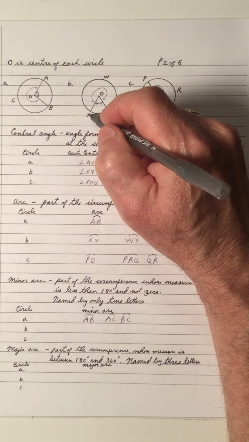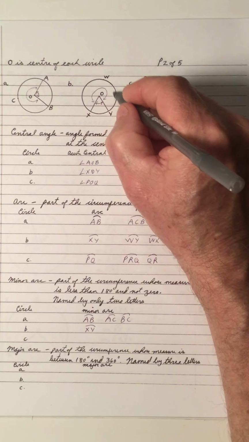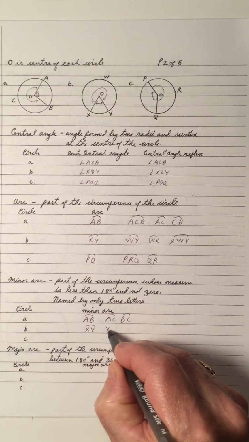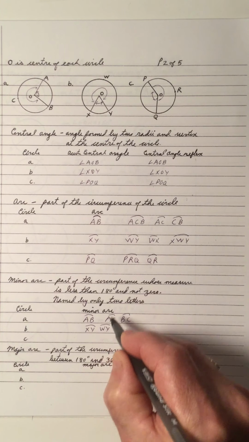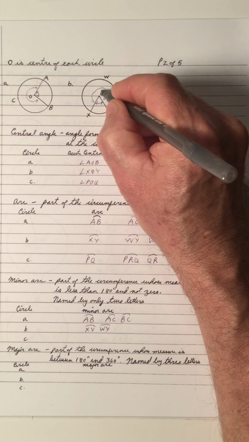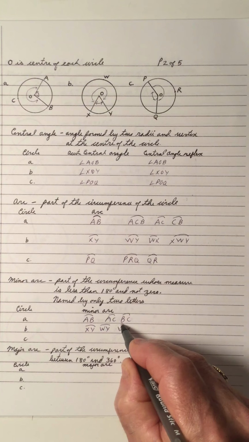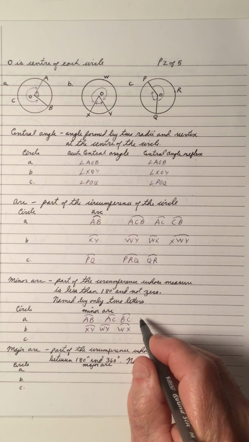In circle B, a minor arc would be XY. It could be WY, or, straight across would be the diameter, so WX could be a minor arc. So a minor arc is named with two letters.